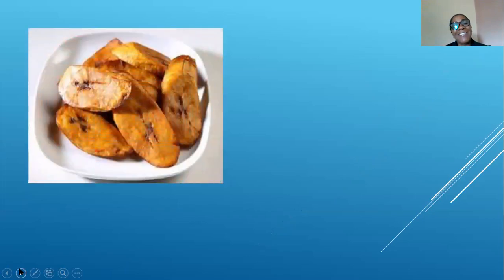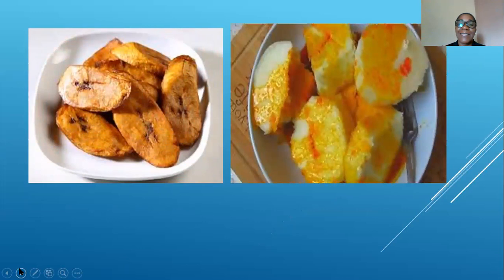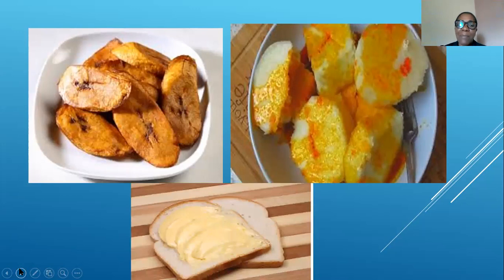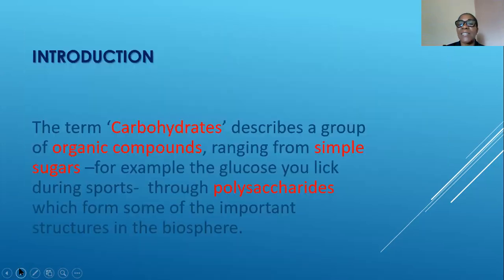When we talk about carbohydrates, what really enters your mind? You must have eaten a plate of fried plantain at one time or the other, boiled yam with oil, which I love so much, or even bread and butter. All these things are carbohydrates in one form or the other.